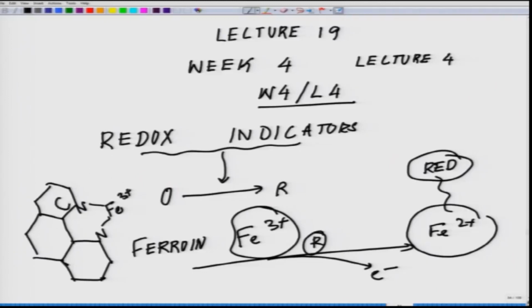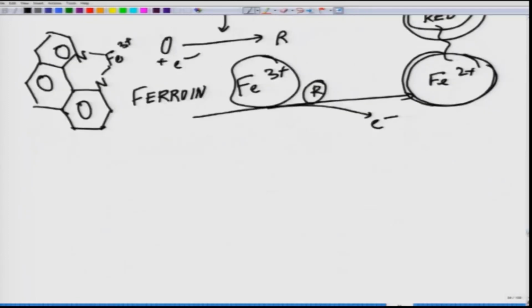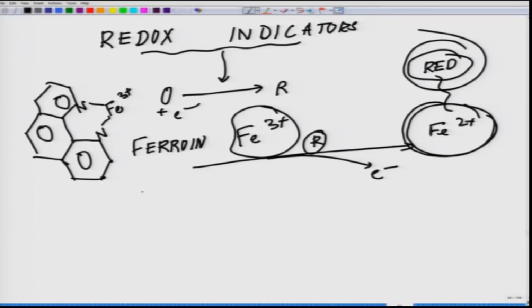This is what the ferroin molecule looks like, and as soon as it becomes Fe2 plus, it becomes red. So, this is a very interesting situation. If you look at this reaction, what is happening? The oxidized molecule plus electron gets reduced. Now, if you see the left and the right hand side, you can actually write an equation on this.